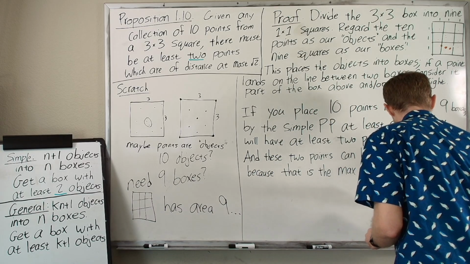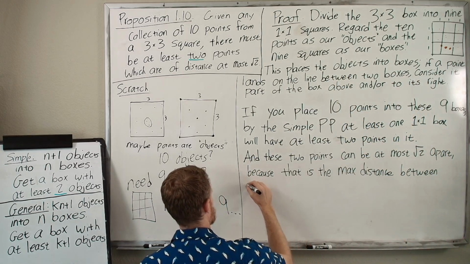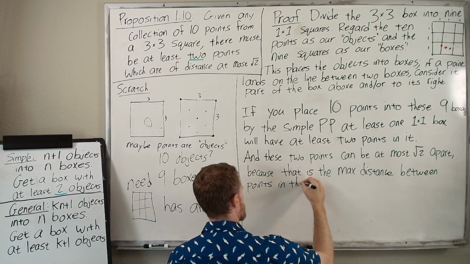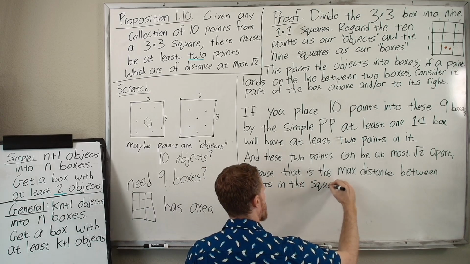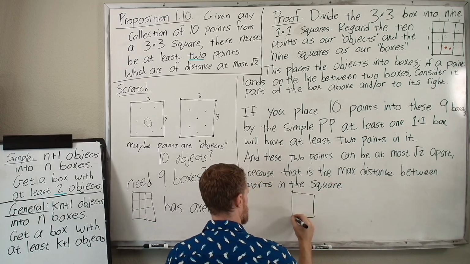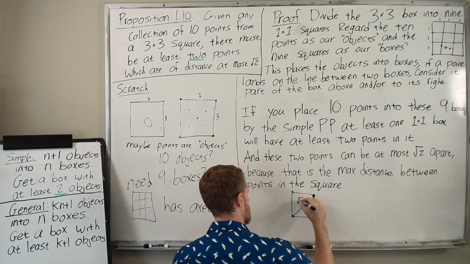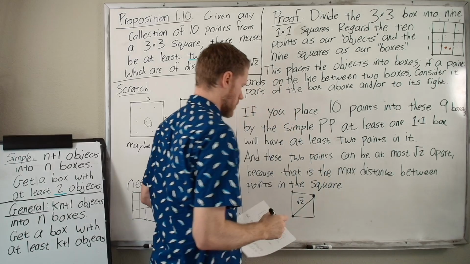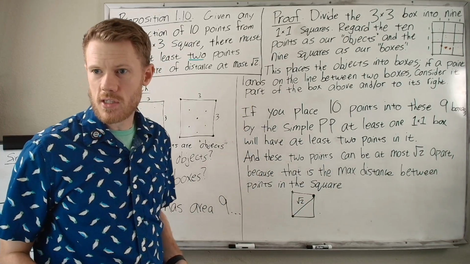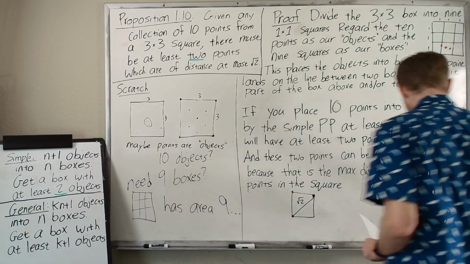And I'll draw a little picture showing that. So if we have points on opposite corners, then their distance would be square root of 2 apart. End of proof.